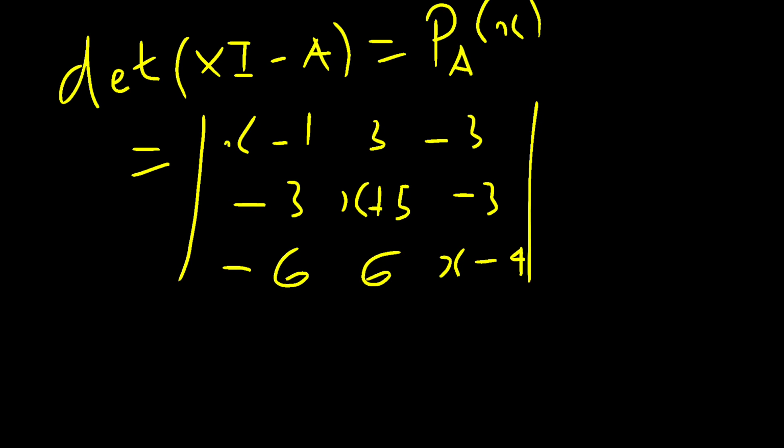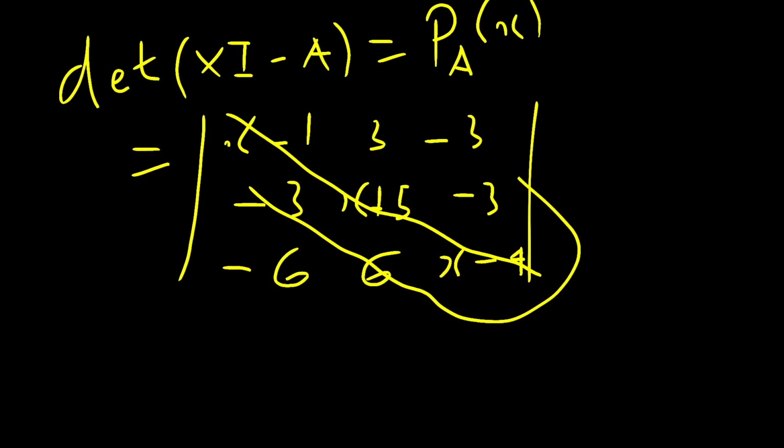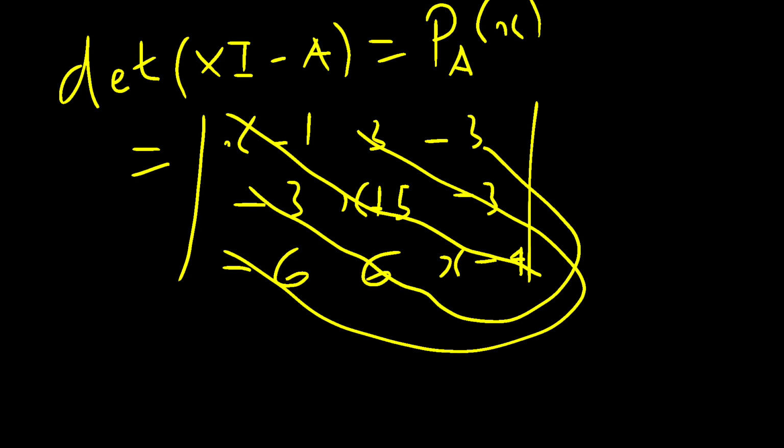If we want to get the determinant, remember what we normally do: we multiply the main diagonals, we add the lower parts, and we subtract the other products.